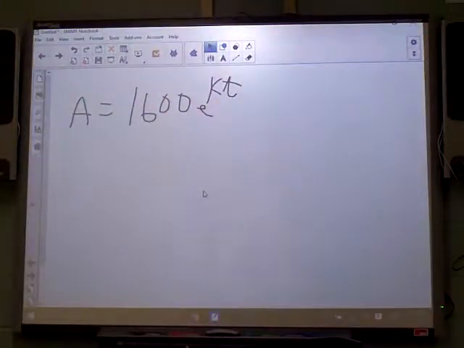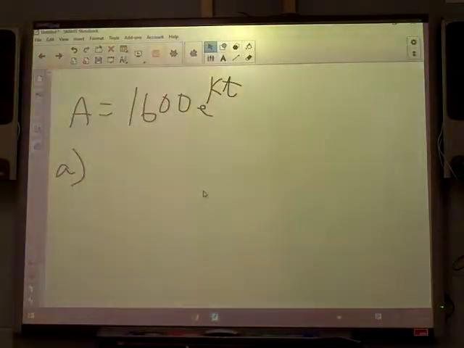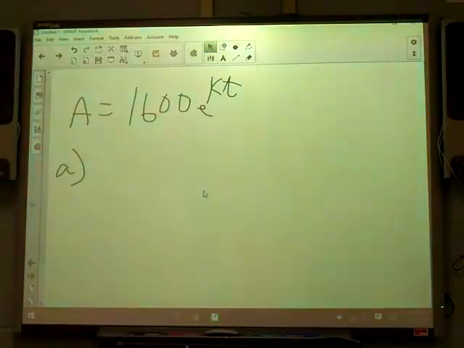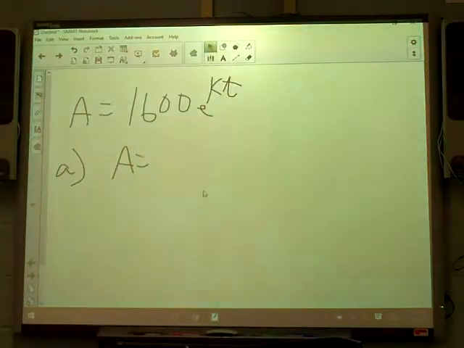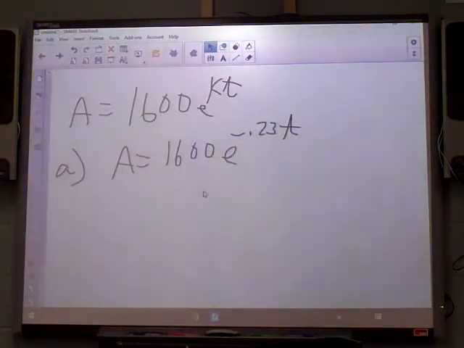Okay, part A is the easiest one because it says that the scientists figured out what the K value is. It's negative 0.23. So it wants us to write the function. So all we got to do for part A is take the k out and put the negative 0.23 in. So we're going to say A equals 1600 times e to the negative 0.23t. Why negative 0.23? That's what the scientists figured out it was. So that's your first answer.